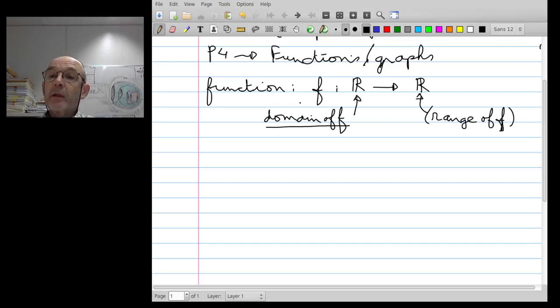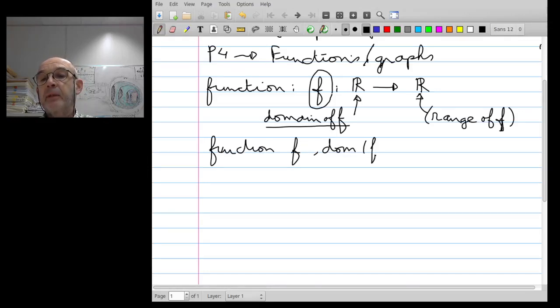So if you have a function f, of importance are the domain and the range of f.